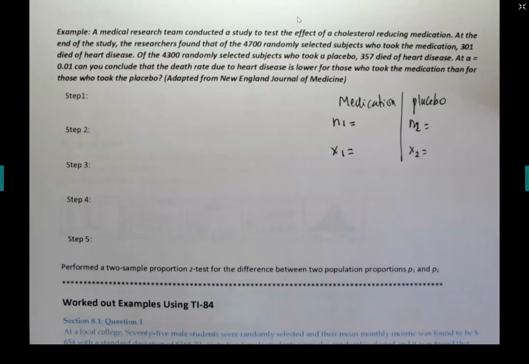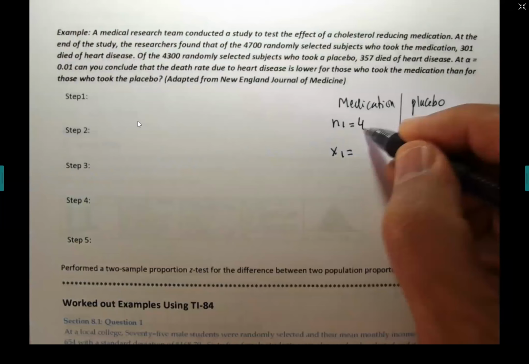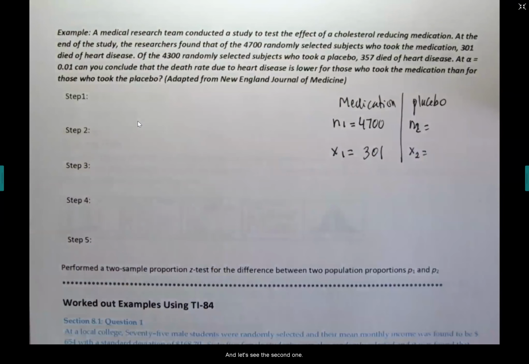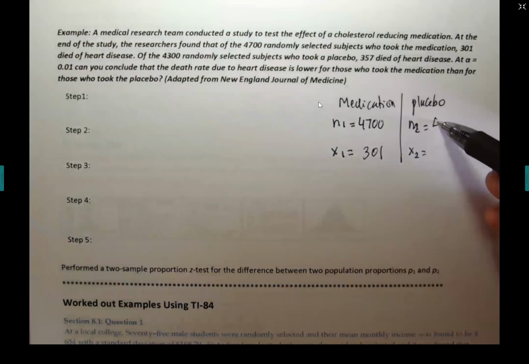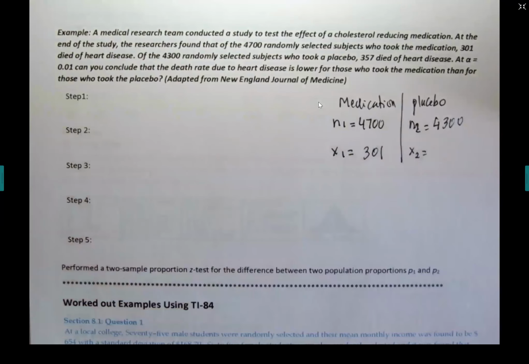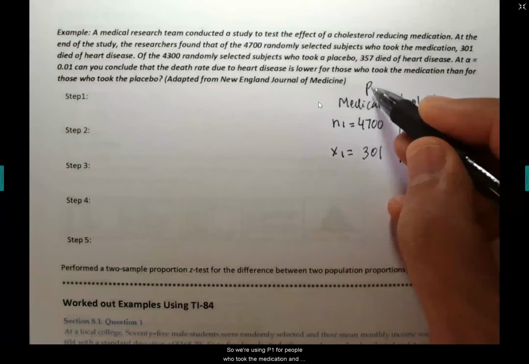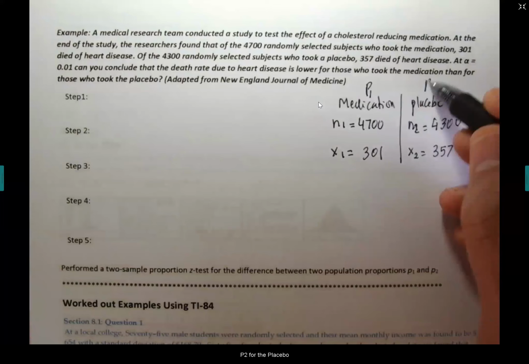Yes. 301 of them died. So the X1 is 301. And let's see the second one. The ones who took placebo, sugar pill, 4,300. And X2 is 357. So we're using P1 for people who took the medication and P2 for the placebo.